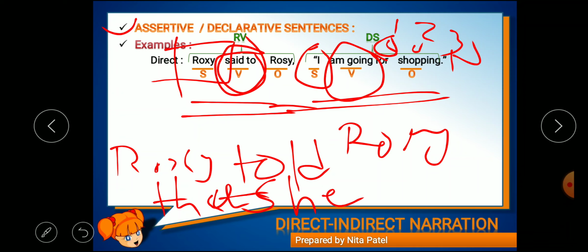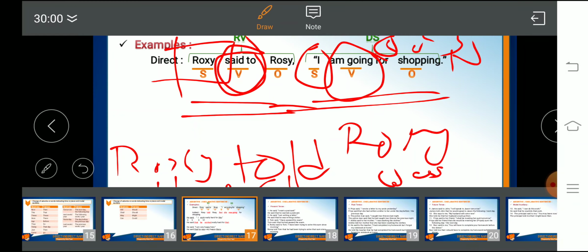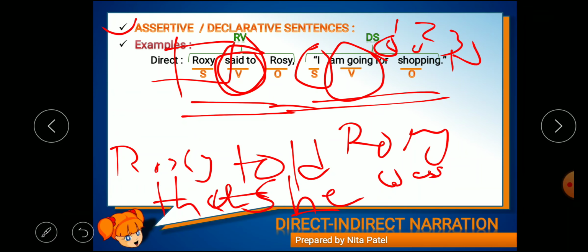She. That she. Now am going for, present continuous is used. Wherever present tense is used, we will convert it into past. So am going for will convert into, yes, present continuous is used, so it will turn into past continuous. So was, she, which goes with she, was or what? Was. So she was going for shopping.